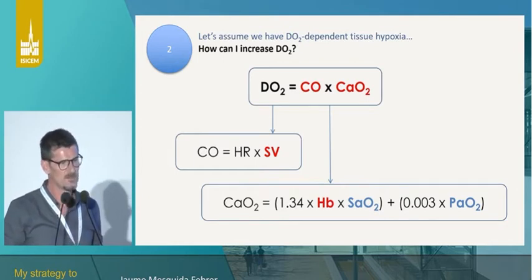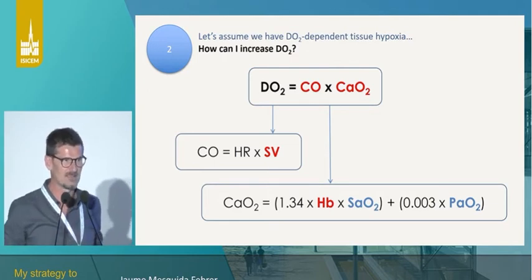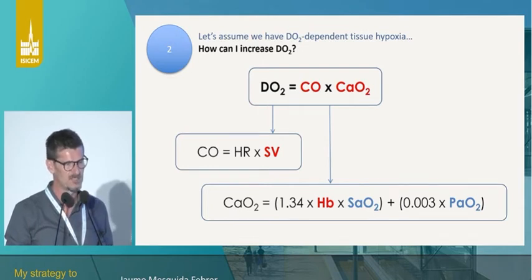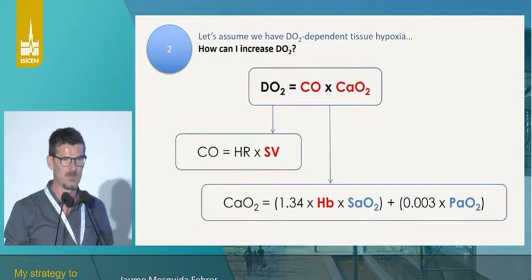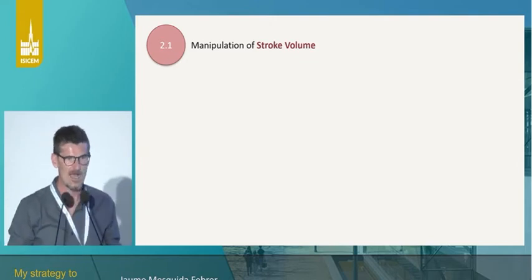I put in red what we might really treat to increase oxygen delivery. You recognize that most of the actions we take are trying to manipulate stroke volume. And how can we do that?